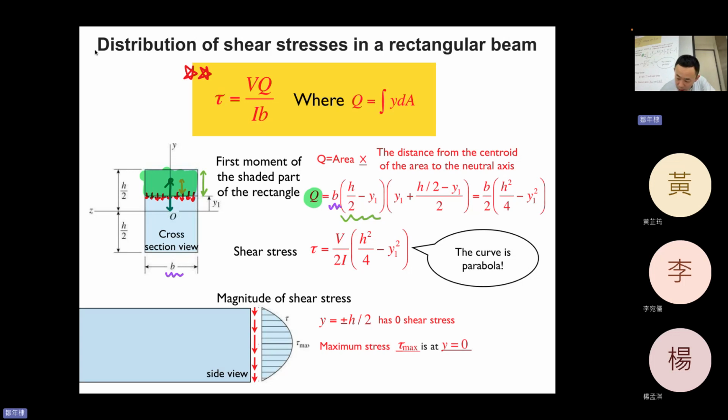It's actually this one plus y1 plus this one. This one is actually this one, and y1 is just this one, and then you add that one. It's hard.